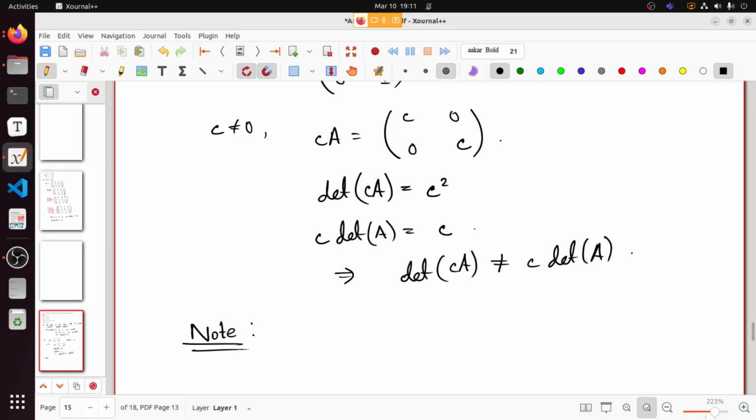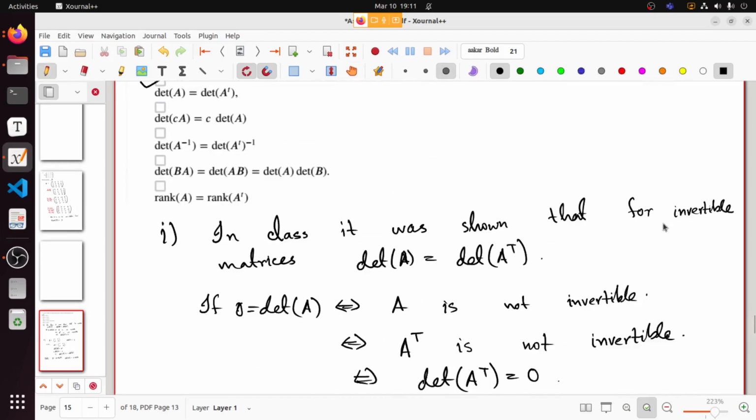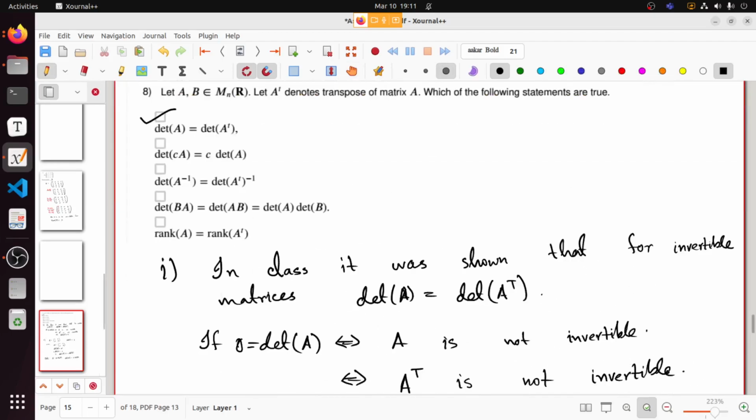So note, if A is in M_n(R), then determinant of CA is C to the power n times determinant of A. So this will hold. This means this option is not true. Determinant of CA is not C times determinant of A, so option number 2 is false.